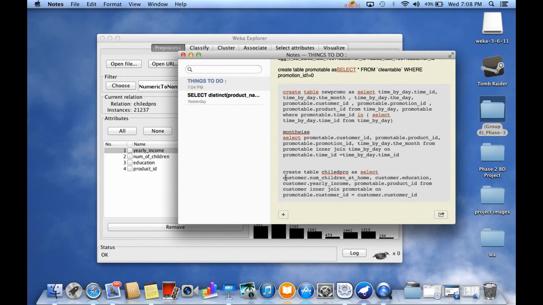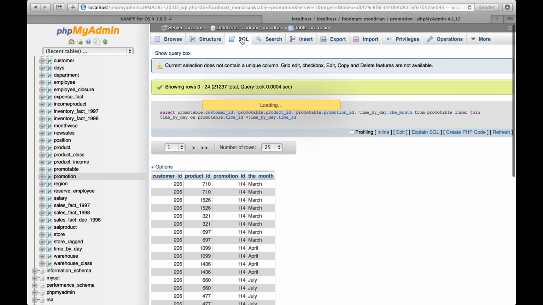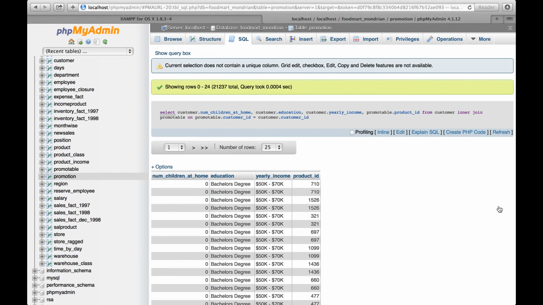And now we run another query. In this, we try to find out the relationship between a customer and his yearly income and his product, as well as the number of children at home and his education.